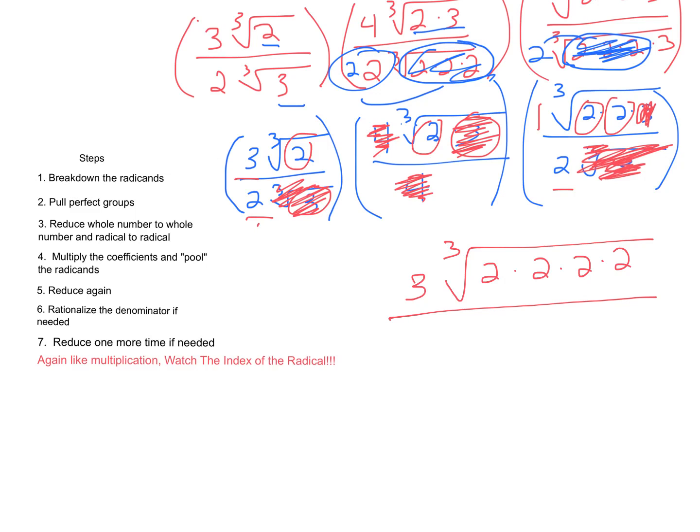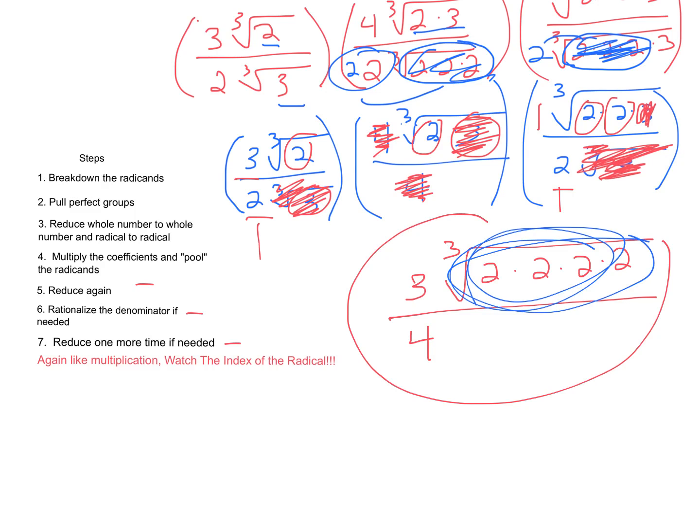Okay, on the bottom, I've got 2 times 2, which is 4, and no radicals, which is really nice, because now, reduce, can't, rationalize, there's no radical to rationalize, and reduce one more time, can't, so, oh, wait a minute, I'm sorry, we forgot to put all this, we could pull perfect group, I'm sorry, kick that out as a 2. Some of you are probably screaming at me here.